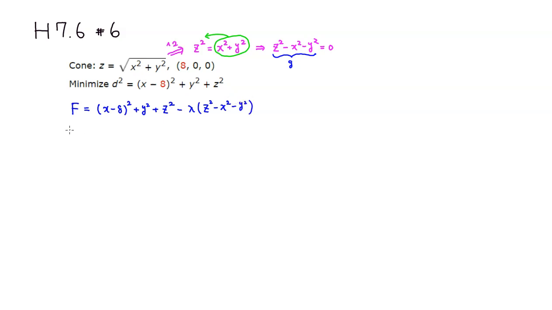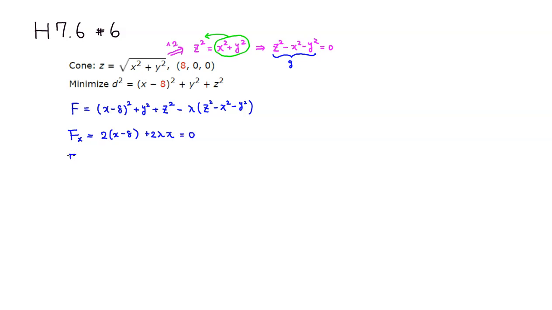Let's take the partial with respect to x. This gives us 2 times the quantity x minus 8. The partial of y squared is 0, and the partial of z squared is 0. Then you have negative lambda, a constant multiple, and the partial of the quantity would be negative 2x, so it's going to be positive 2x. We set that equal to 0.